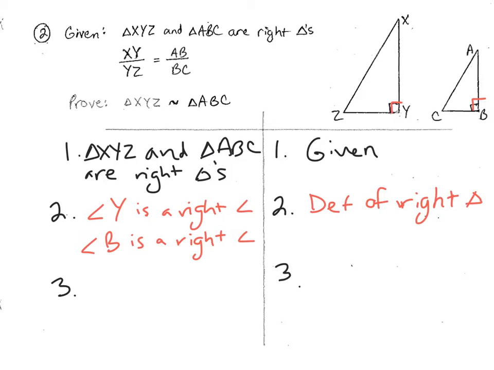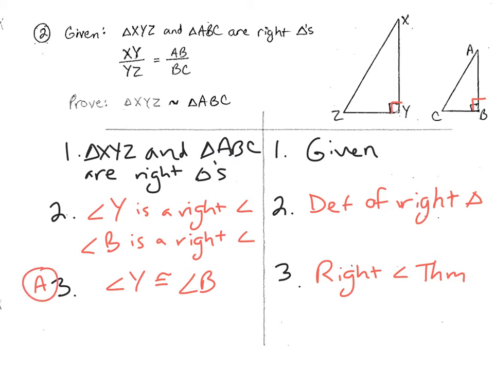And then set them equal to each other using your substitution property. So let me show you what I mean by that. Option 1, angle Y is congruent to angle B. And that gives me my nice congruent statement that we had two of in our last proof.